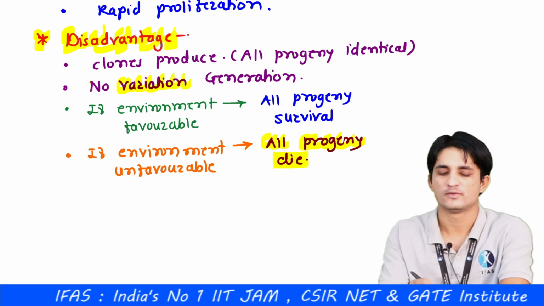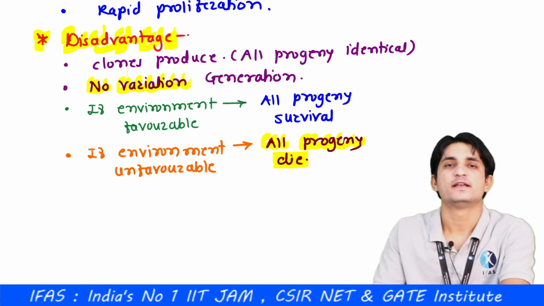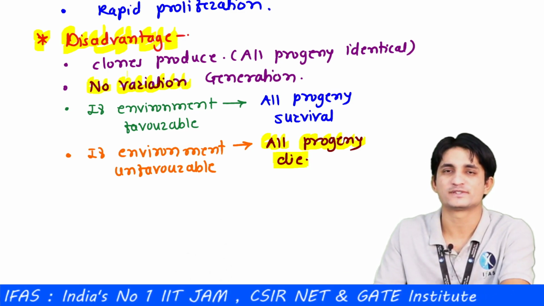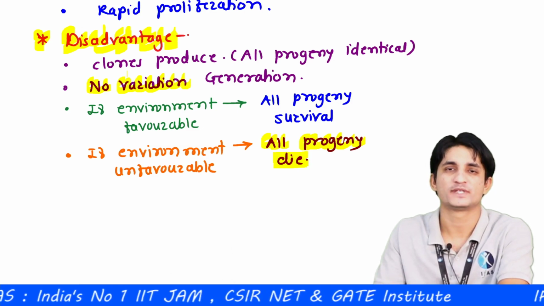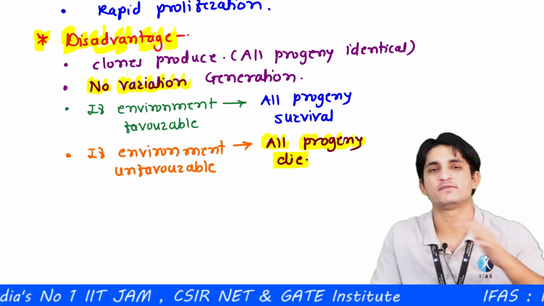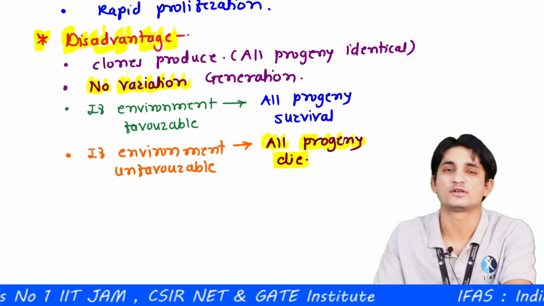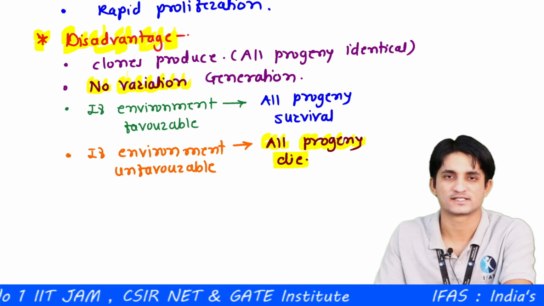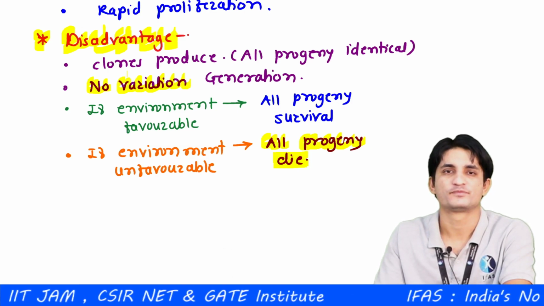If variation is present, then in environmental disturbances some individuals can grow in that condition or can sustain that environment, but if all progenies are equal, they cannot sustain these conditions, and therefore they will die.